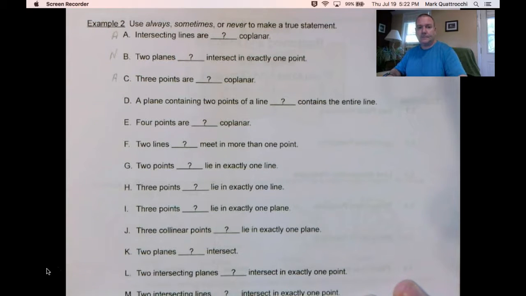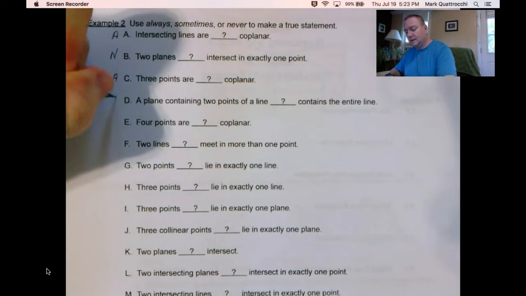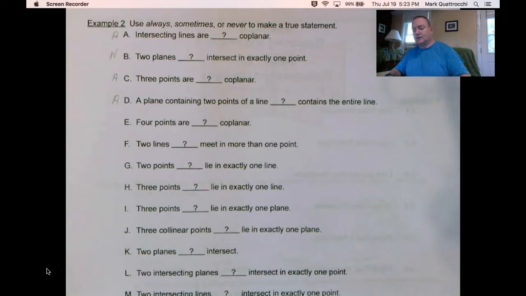Part D, a plane containing 2 points of a line always, sometimes, or never contains the entire line. This would be always. And we're going to see this question again in example number 10, and we're going to talk about why this is true.